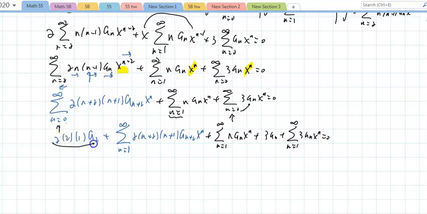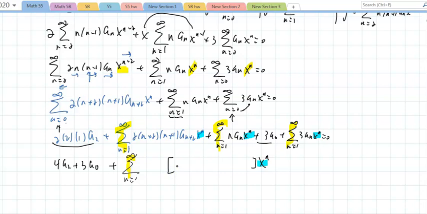Now, this is 4a sub 2 plus 3a sub 0 plus, now I have all of these series matching, so I copy that down, series n equal 1 to infinity. I have all the x to the n matching, and I'll try to see if I could take something else out.